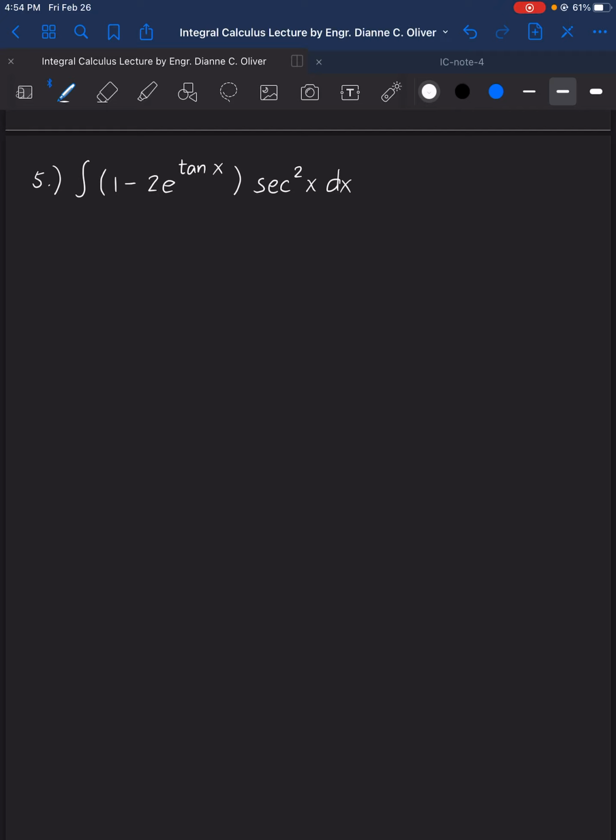Let's distribute the secant squared x dx. So we have here integral of secant squared x dx. Then we have negative 2 e raised to tangent x, then we have here secant squared x dx. If we let u here is equal to x, which is the angle, then du is equal to dx.